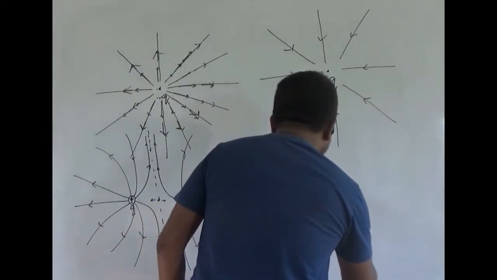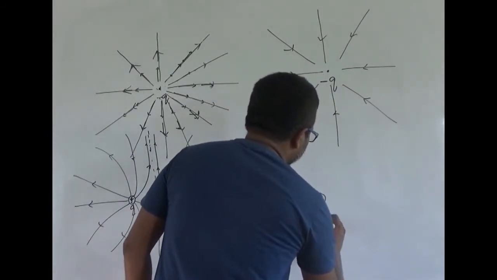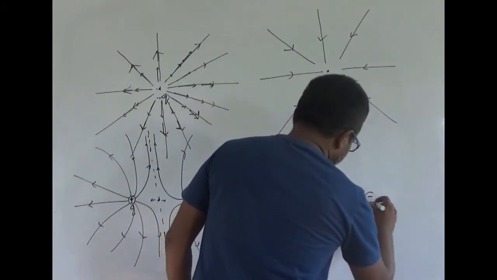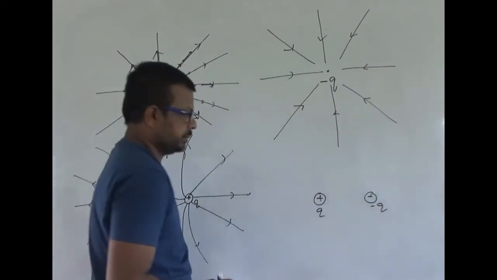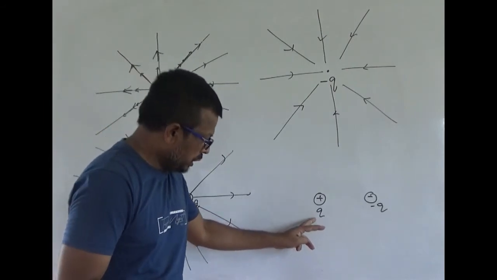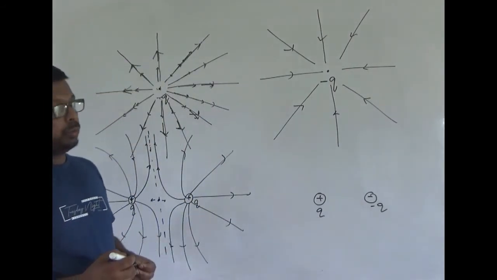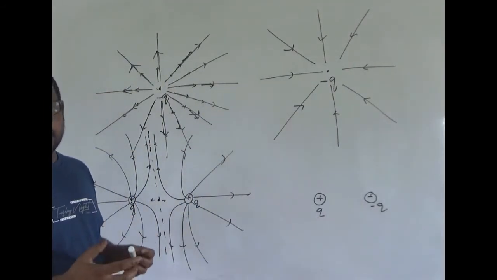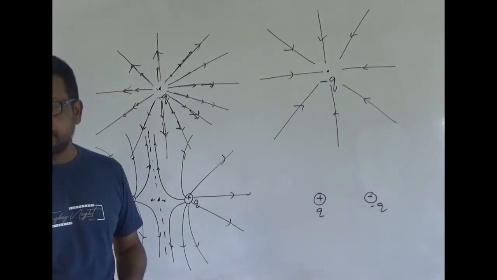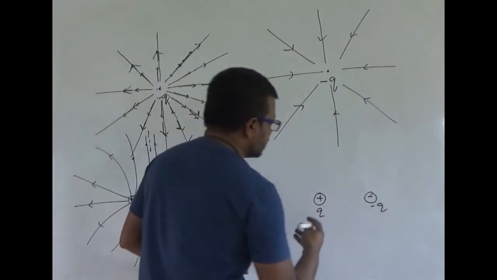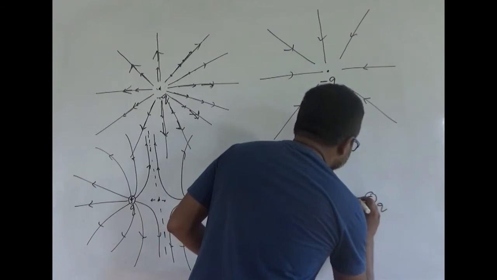And if we take one plus charge and another minus charge, that means we are taking two equal amounts of charge but opposite sign, then the field lines will be like this.